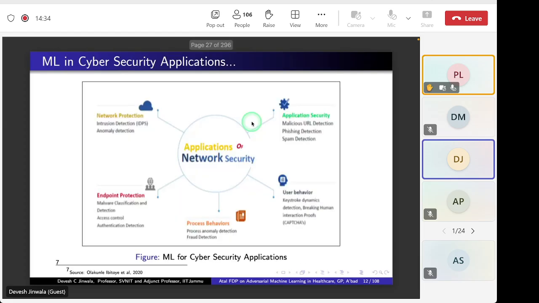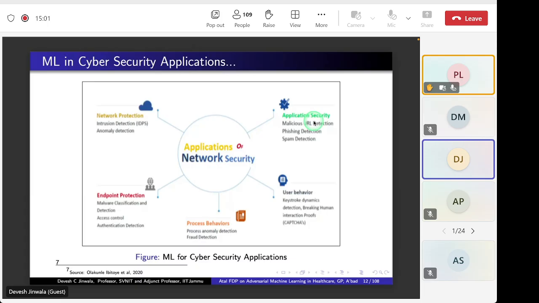So that is what is summarized again in this diagram, which says, as I said sometime back, protecting the weaknesses on the network, protecting the weaknesses or vulnerabilities in the endpoints, which means the computer systems or the nodes, protecting the application security. So I talked about the web attacks, SQL injection or malicious URL detection or phishing detection or spam detection.